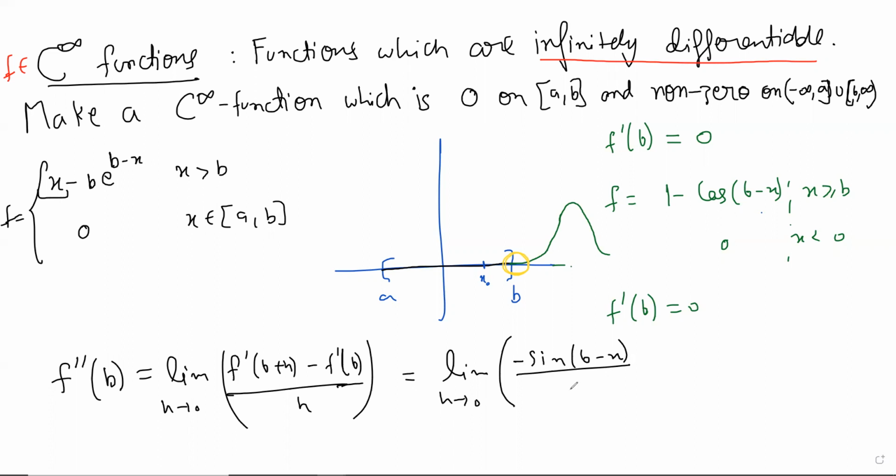And then this by h goes to, so what will this become? B plus h. Hold on, something is wrong. So this is the x, so the x will become B plus h.